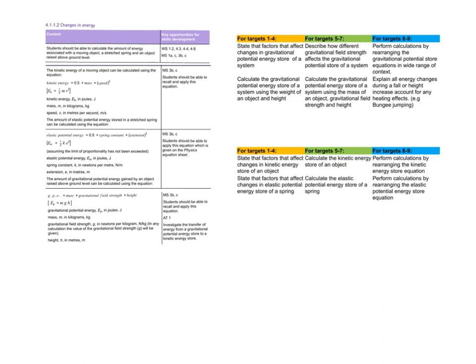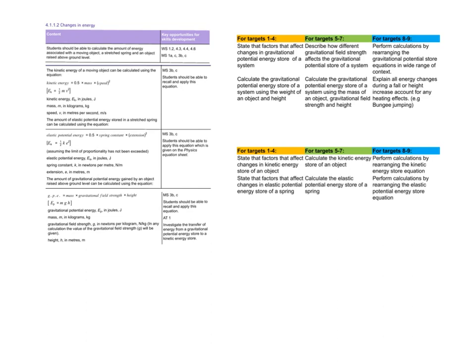You should be able to calculate the amount of energy associated with a moving object, meaning the kinetic energy store of an object. A stretched spring, so in other words, elastic potential energy store of an object, and an object raised above ground level, which is the gravitational potential energy store of an object.